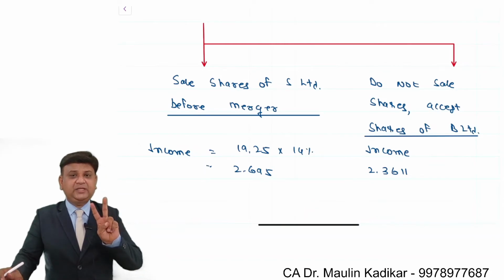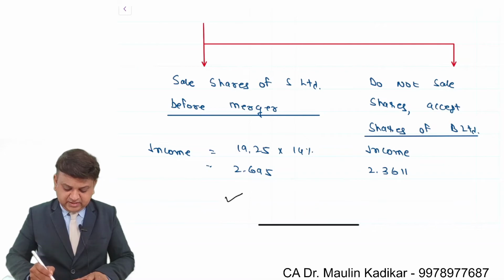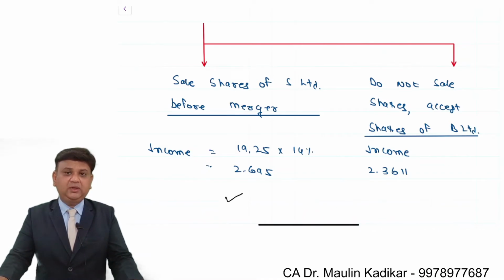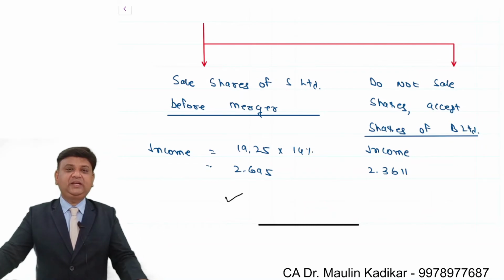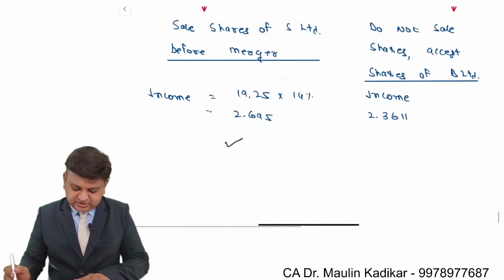Now you make a comparison of both of them, and on making a comparison you can see that you will receive more if you sell your investment. So we will advise the investor that you should right now sell off the investment. That is the advice that we should give. So write down the answer.